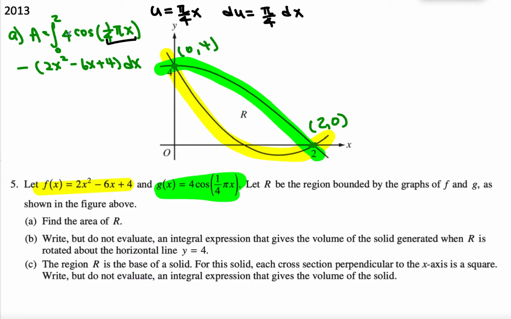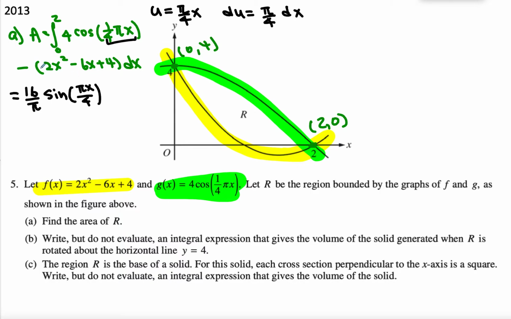So when I integrate this portion, I have to multiply by 4 over pi, so it's going to become 16 over pi, and then cosine becomes what? Sine of pi x over 4. That's what we end up getting.